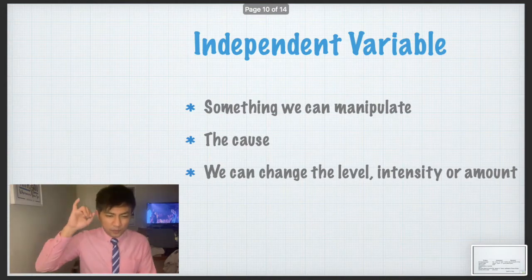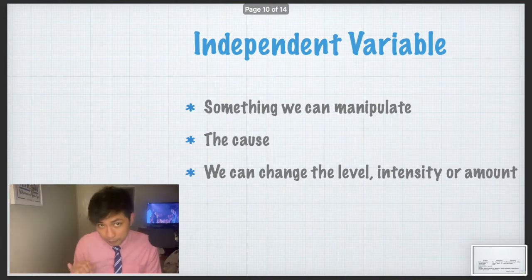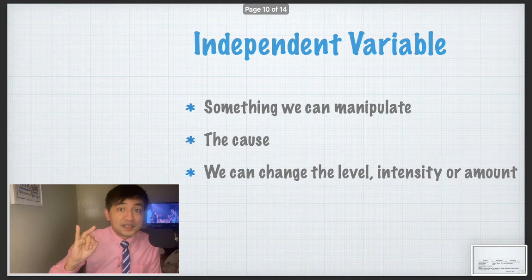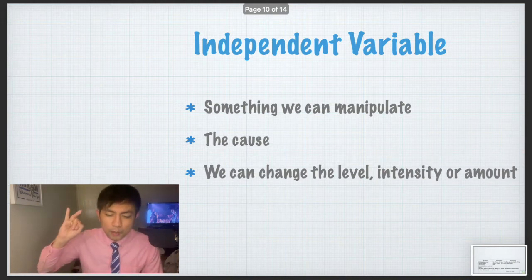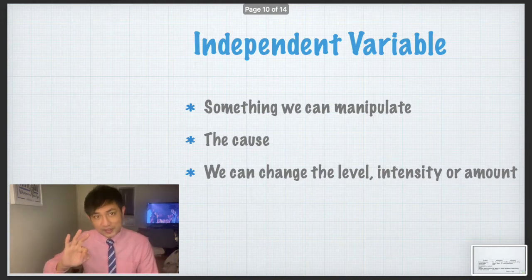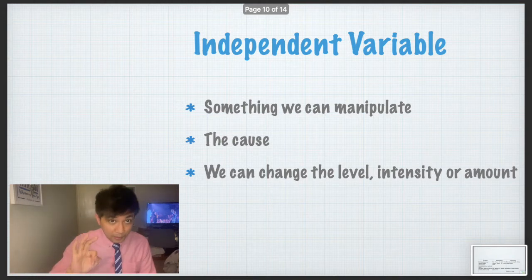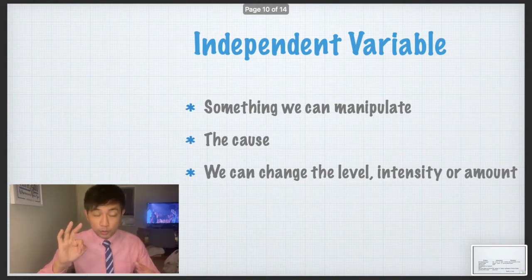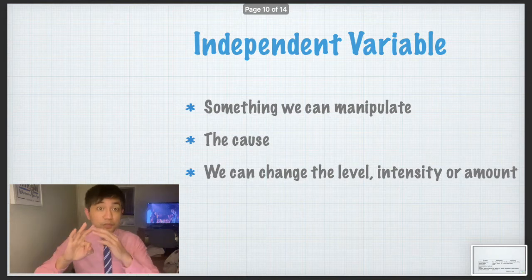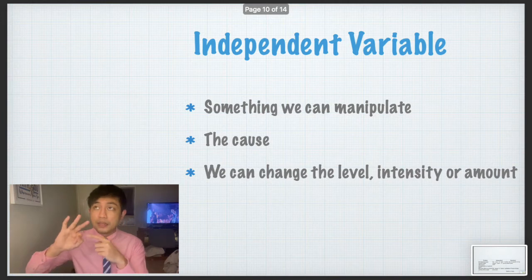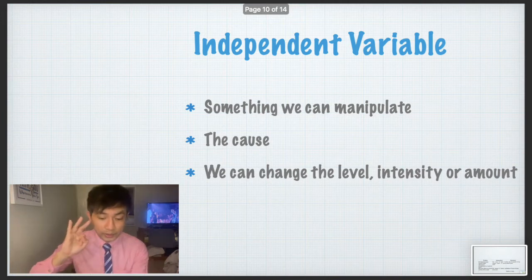So again, independent variables are something that we can manipulate. It is the cause of what we are studying. We can change the level, the intensity, and the amount of the independent variable. Just like in the first problem with the tomato, the type of light: you can make it incandescent, natural, or fluorescent.